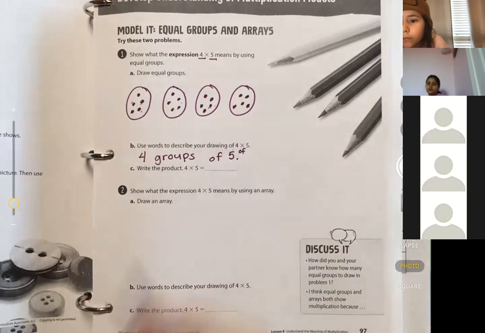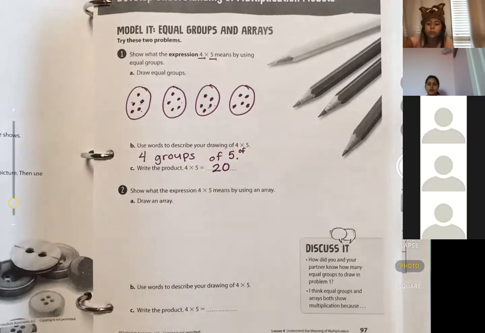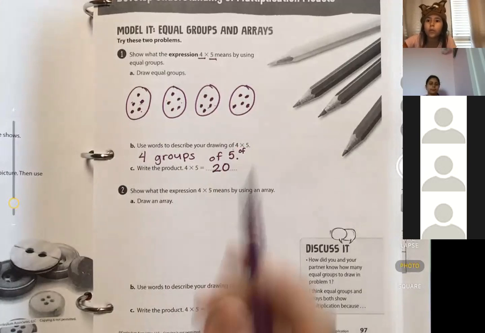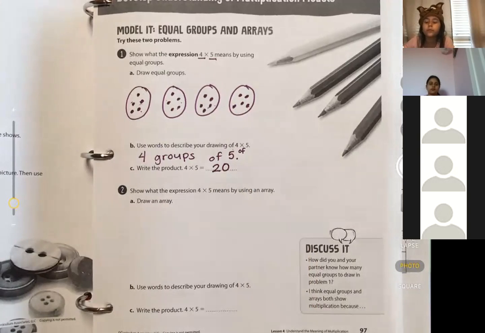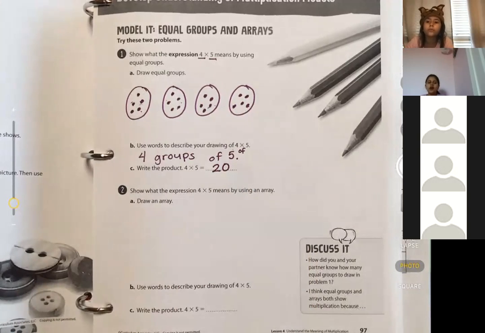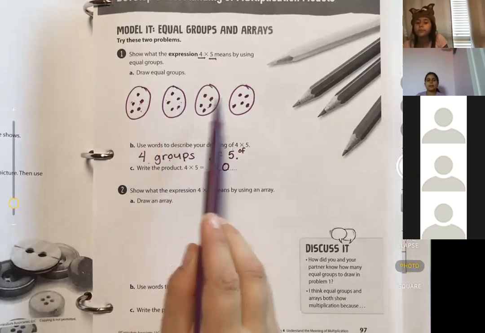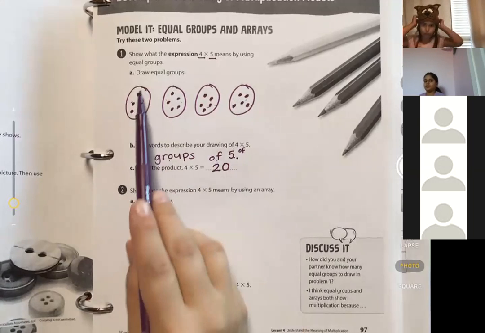You would find that 4 times 5 is 20. And we found that by drawing our multiplication out, by using a model. This is an equal group model. I made 4 groups of 5.